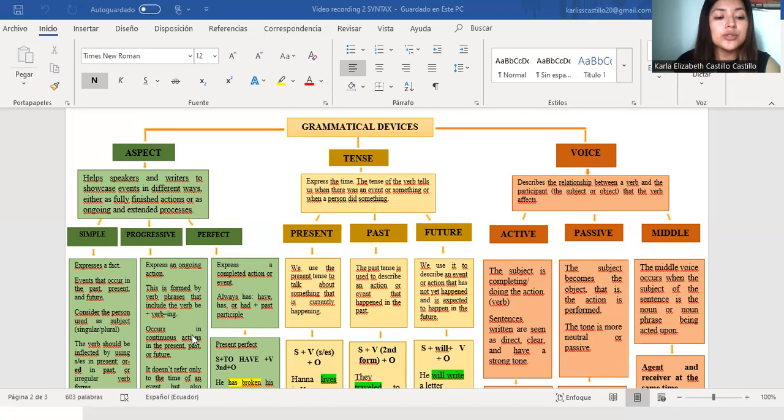Consider the person used as subject, singular or plural. The verb should be inflected by using s and es in present, or ed in past, or irregular verb forms.